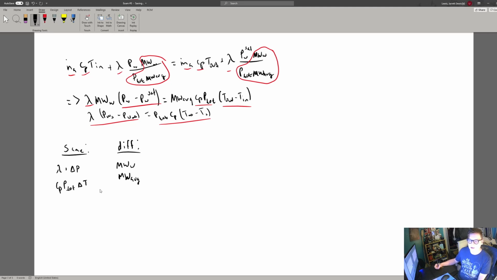And the heat of vaporization for wet bulb is in joules per mole, while the heat of vaporization for the adiabatic saturated temperature is in joules per kilogram.